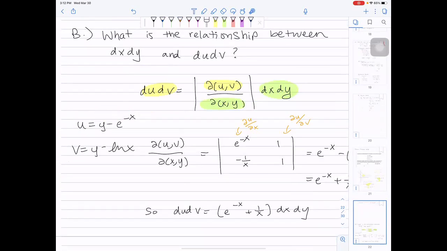The derivative with respect to x, this negative brings it down, you're left with e to the negative x. For y, there's only a y here, so it's 1. And then down here, this is the derivative of v with respect to x and v with respect to y. And so we take that from here.